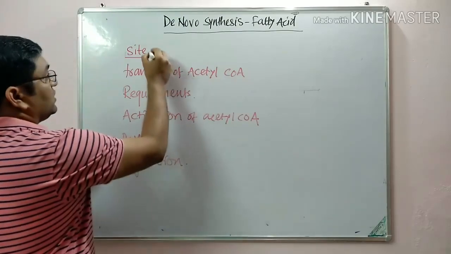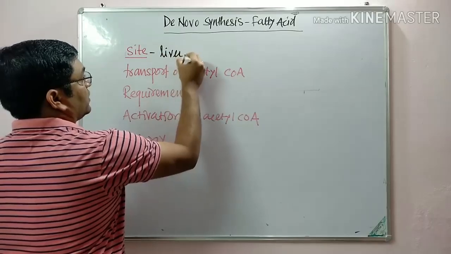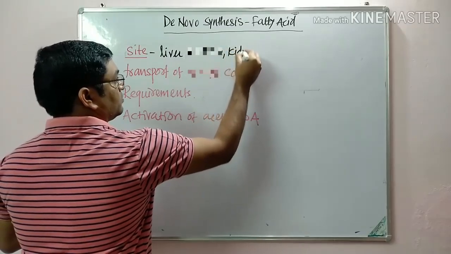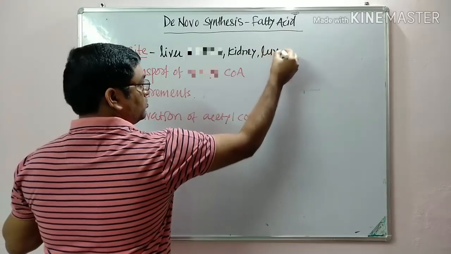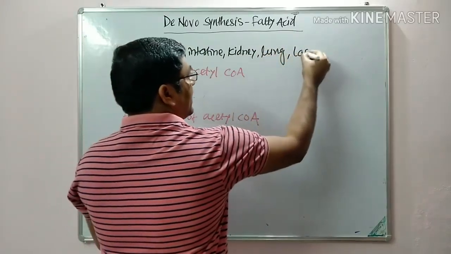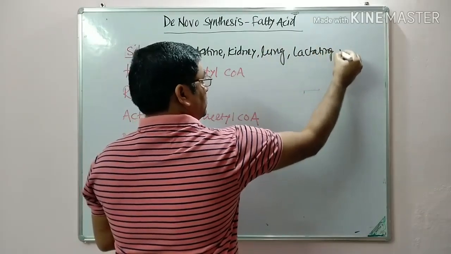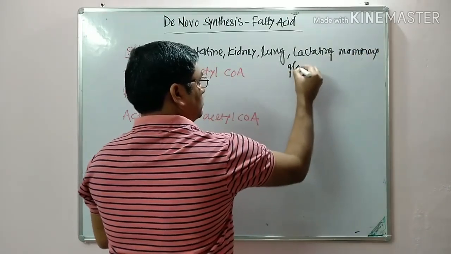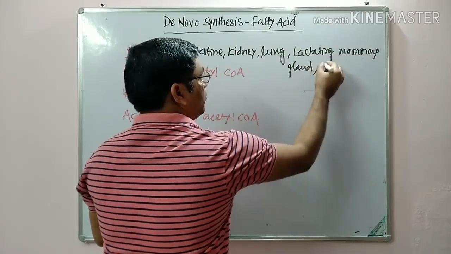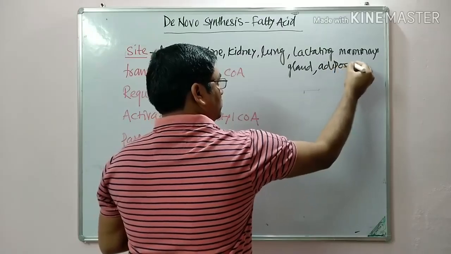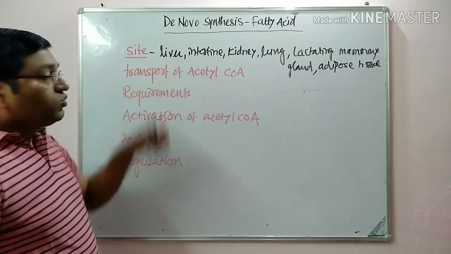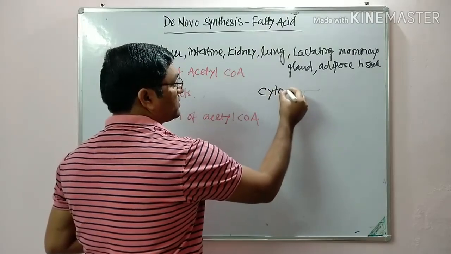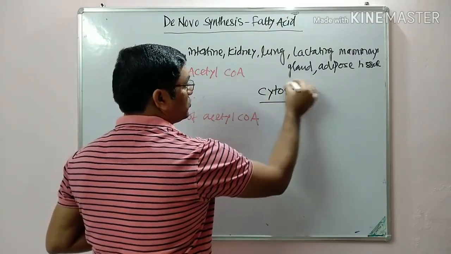It occurs in the liver, kidney, lung, lactating mammary gland, and adipose tissue. De novo synthesis of fatty acid typically occurs in the cytosolic fraction of the cell. It operates in the cytosol.